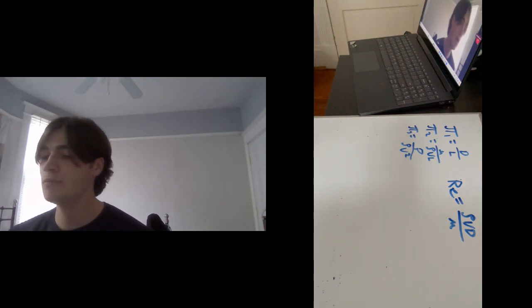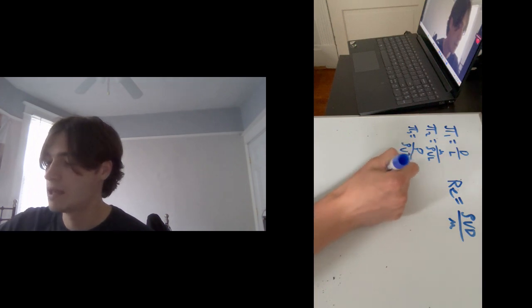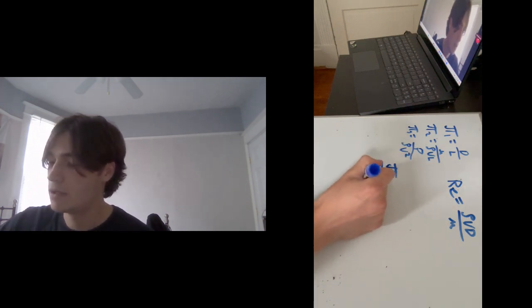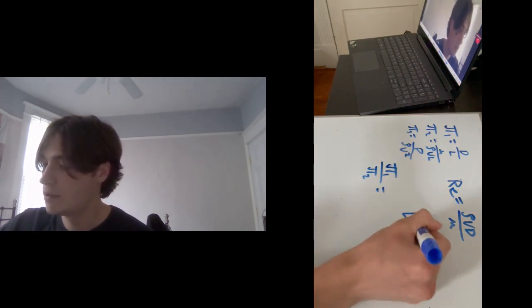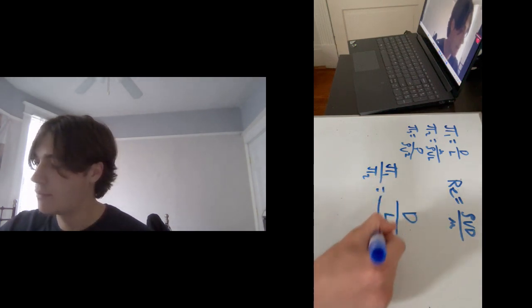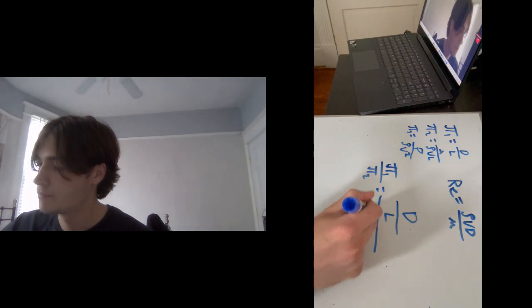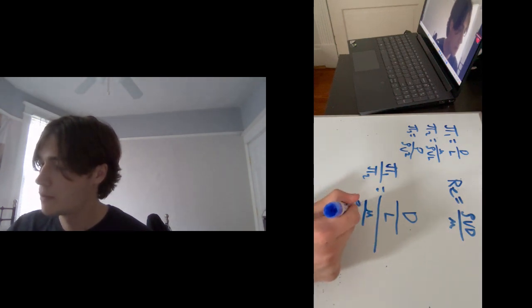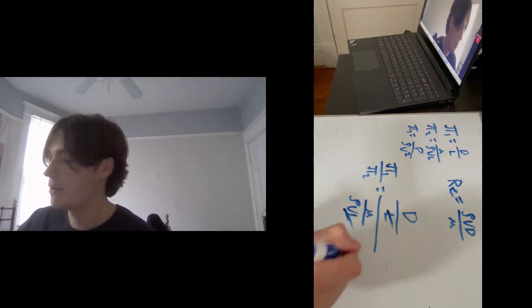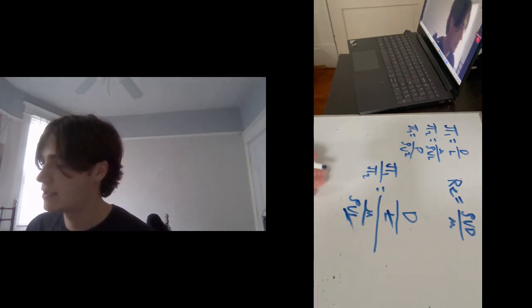So looking at our dimensionless groups that we have, we can see that if we put pi 1 over pi 2, we'll have D over L over mu over rho V and L. So now we can see that our lengths are going to cancel out and we get exactly what we want.